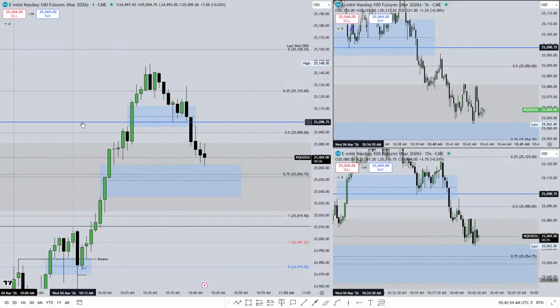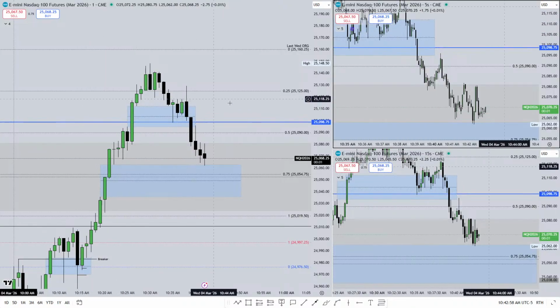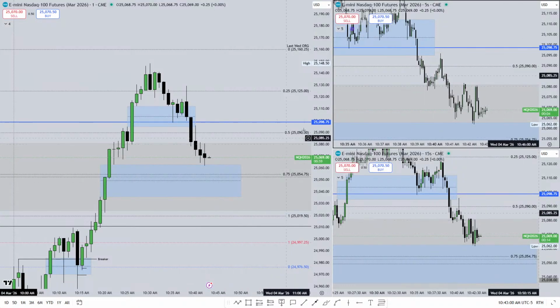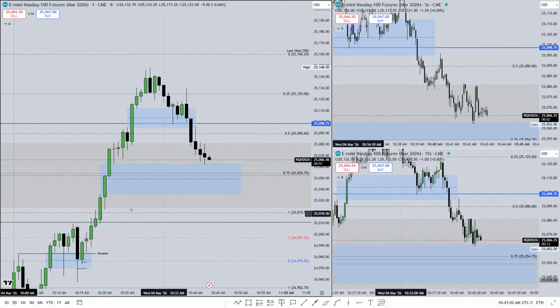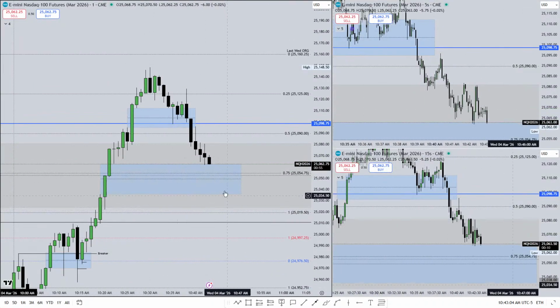just because we took my major buy side already. But yeah, this volume imbalance is kind of like our last. I wouldn't want to see us go below here. I'd want to see this hold.